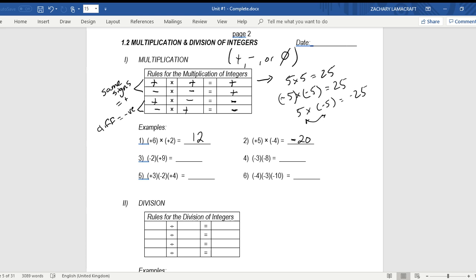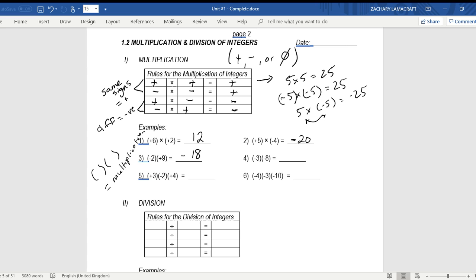If you have two brackets beside each other, guys, it means that it is multiplication. So brackets beside each other equals multiplication. All right, important to know. So negative 2 times positive 9 is going to be a negative number, and that's going to be negative 18.